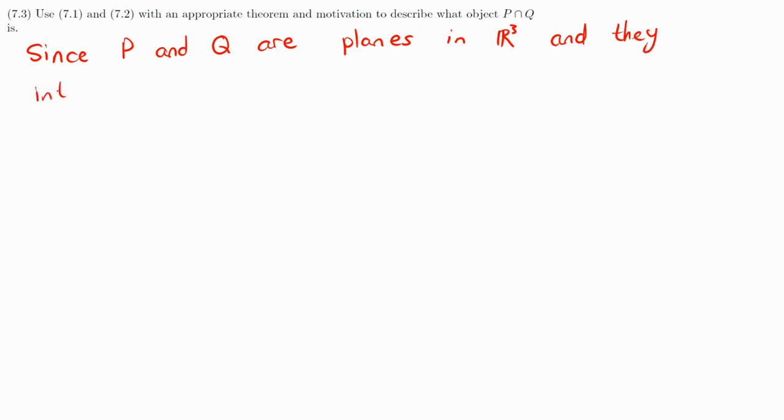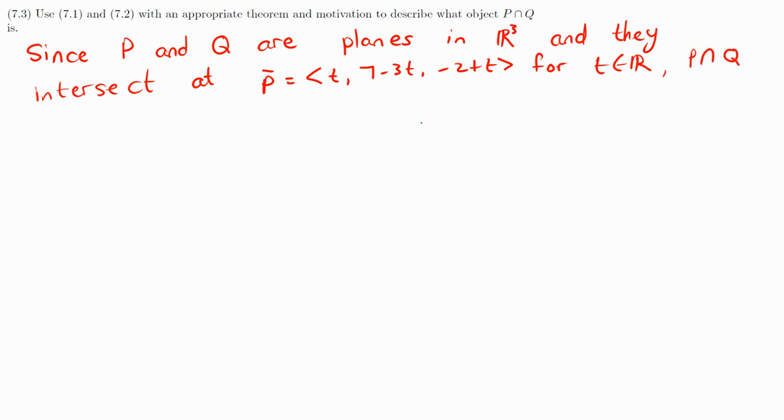Okay, so since P and Q are planes in R^3 and they intersect at P equal to t, 7 minus 3t, and then minus 2 plus t, for t an element of R, P and Q is a straight line.